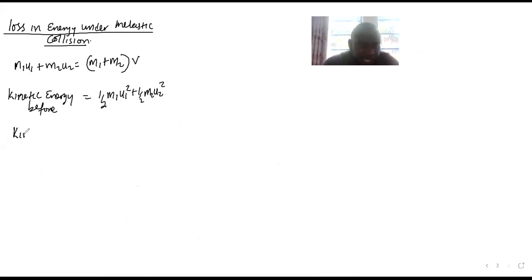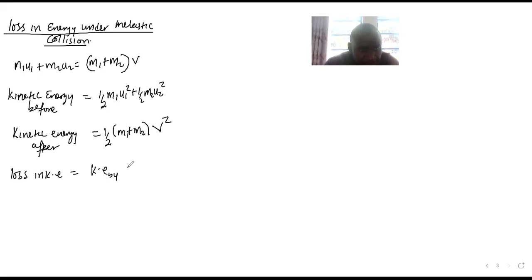Then the kinetic energy after would be half of M1 plus M2 times V squared. Now the loss in energy is the difference between the kinetic energy before and the kinetic energy after.